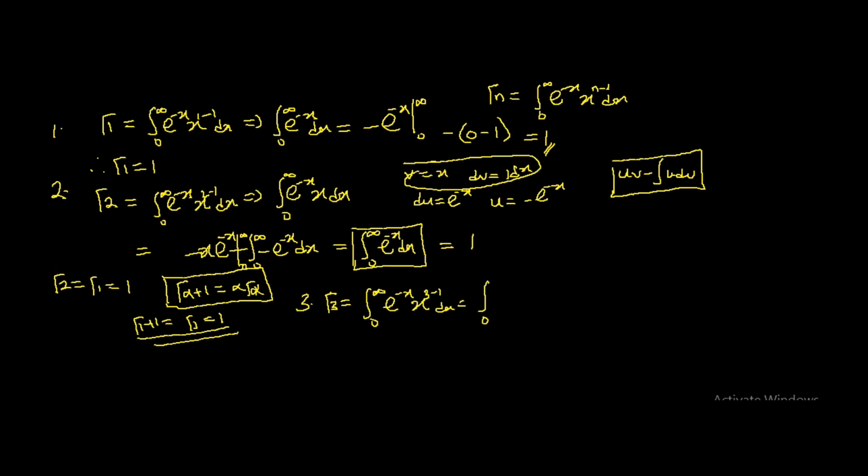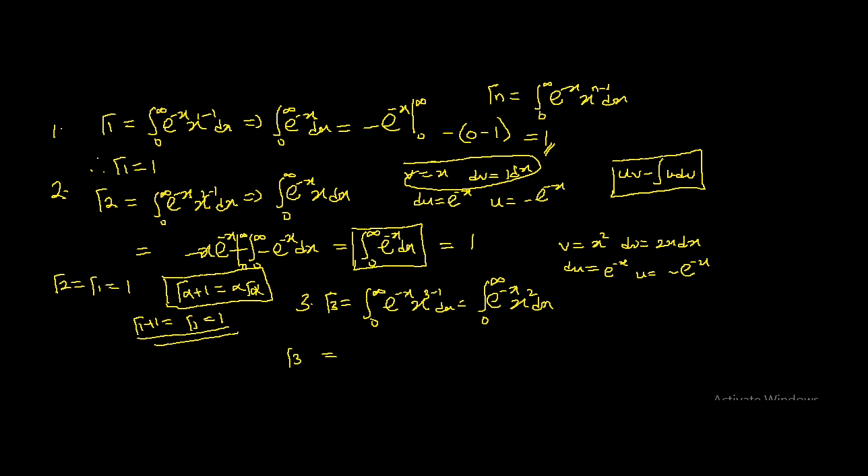This is the integral from 0 to infinity of x squared exponential minus x dx. Now v is equal to x squared, dv is equal to 2x dx, then du is equal to exponential minus x, then u is equal to minus exponential minus x. So let's substitute this in this formula as what we have.